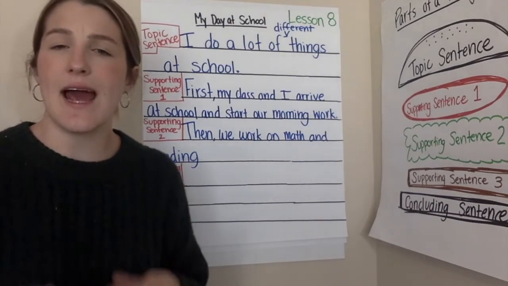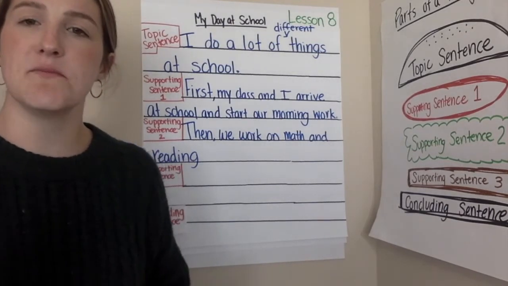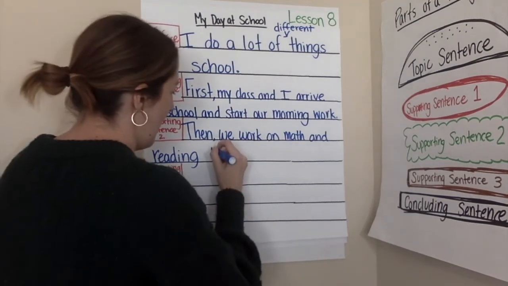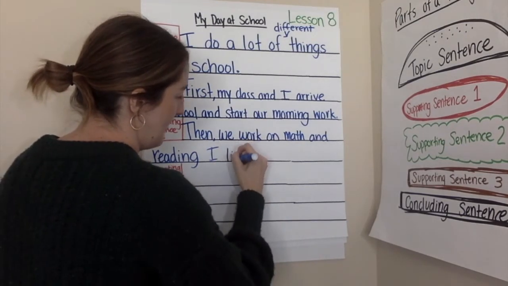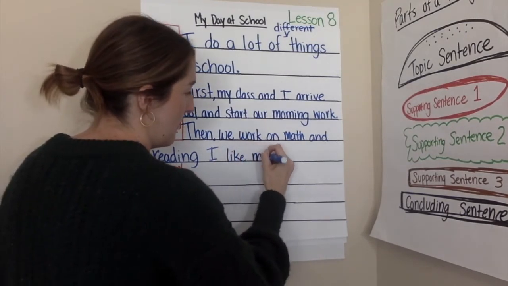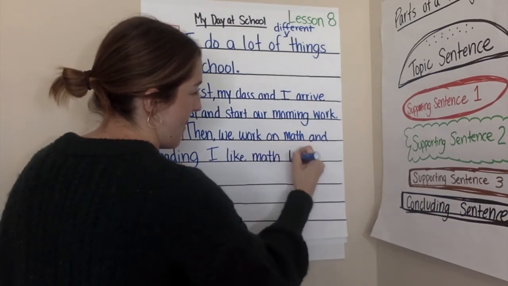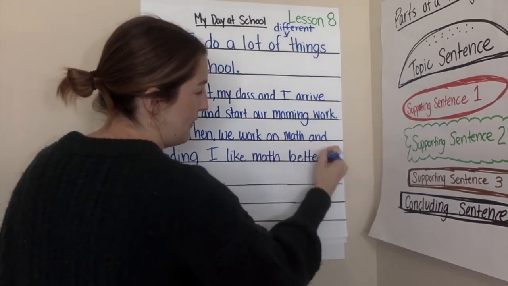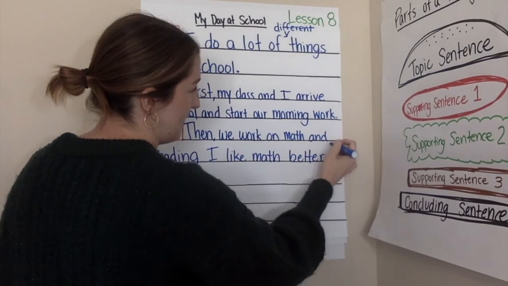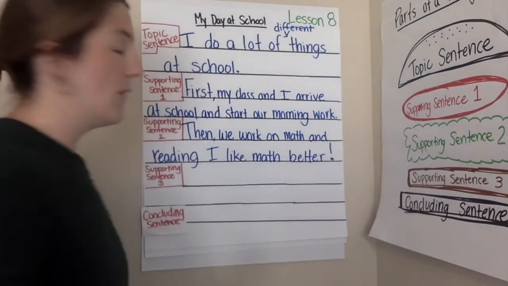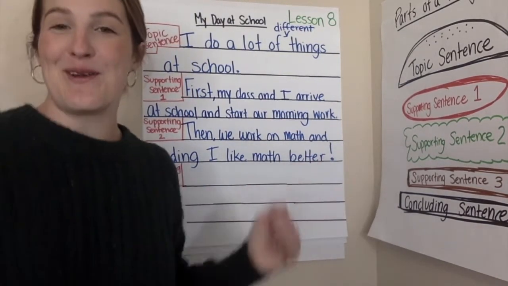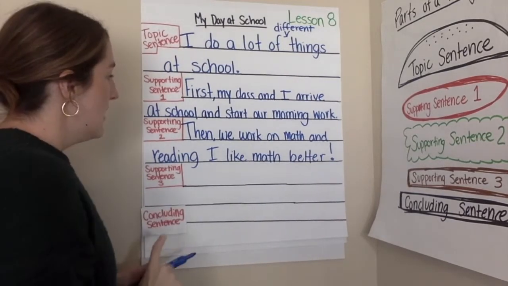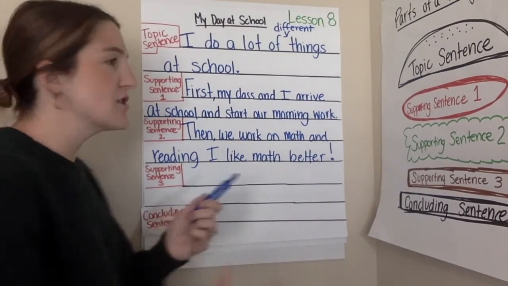I might try and add another sentence in there because I think it's important for my readers to know that I like math better. What about you? What do you think? Do you like math or reading better? And then add an exclamation point because I like math better and I'm excited about that. So let me reread it one more time. This is all part of the process.